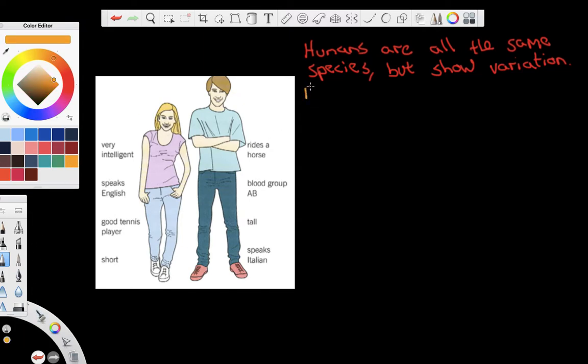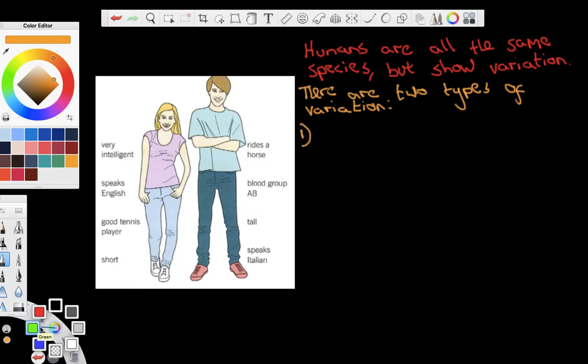So we can say there are two types of variation. The first type of variation we'll talk about is genetic variation.